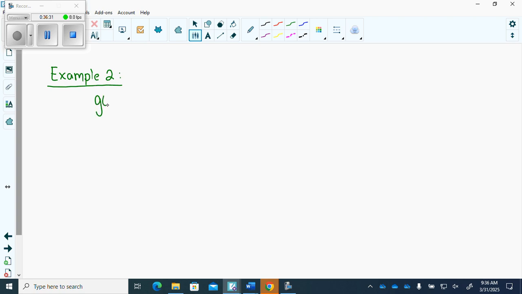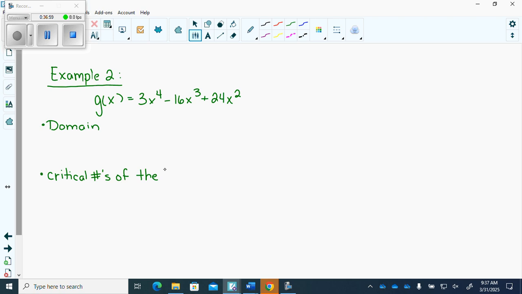So we're going to use g of x equals 3x^4 minus 16x cubed plus 24x squared. What I want are all these things. I want the domain. I want the critical numbers of the first derivative. I want intervals of increase, decrease.